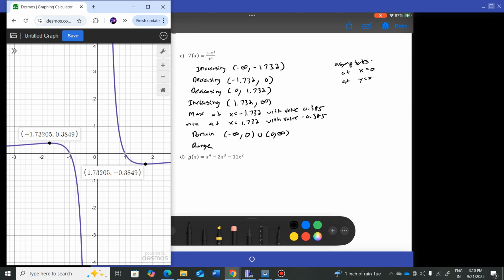The lowest part on the right side is lower than the highest part on the left side, so it's all real numbers. And then we have x-intercepts of (negative 1, 0) and (1, 0).